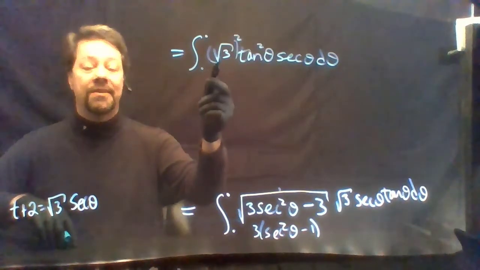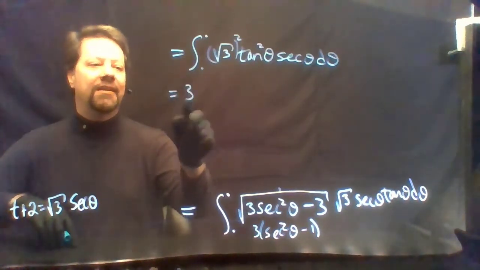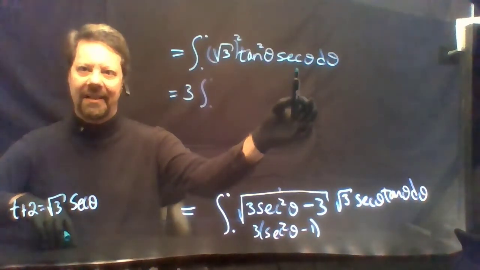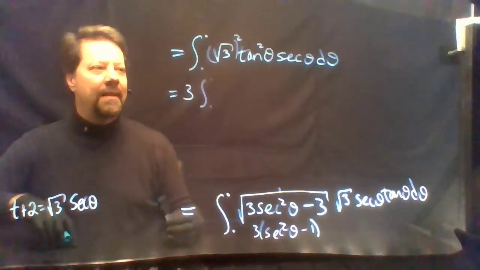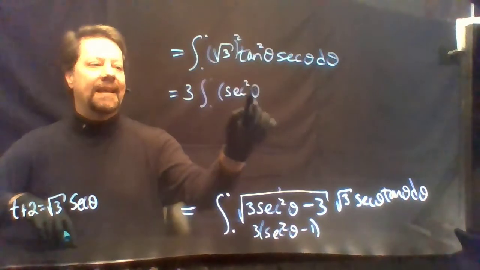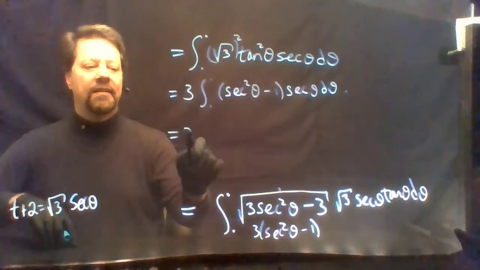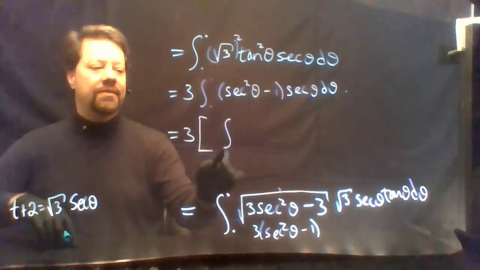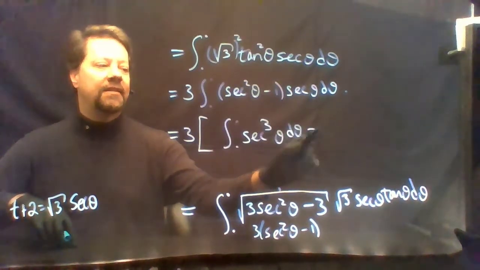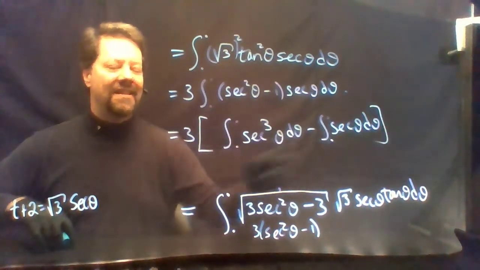The root 3 squared is 3, that will come out of the integral. What do we do to integrate what's left over? Tangent squared theta, secant theta. The trick there is to use the identity that tangent squared is secant squared theta minus 1. This gives us 3 times 2 integrals. The integral from dot to dot of secant cubed theta d theta minus the integral from dot to dot of secant theta d theta.